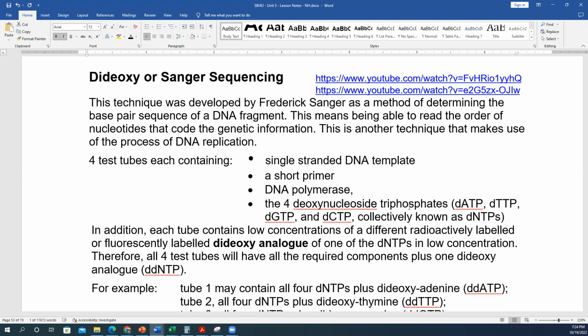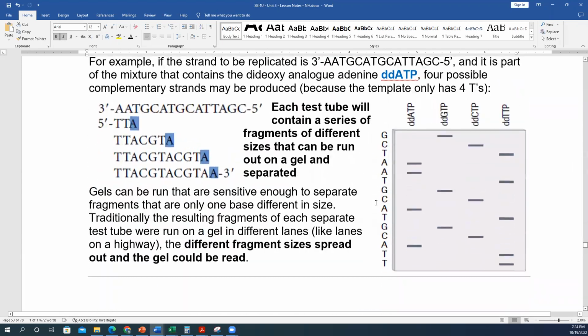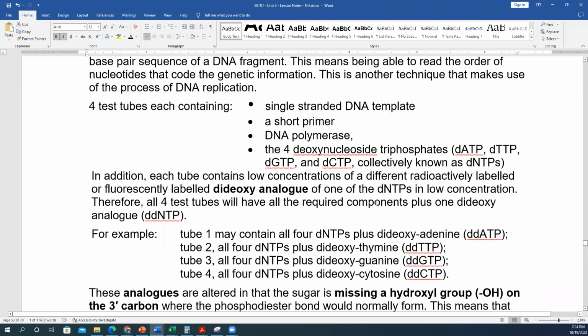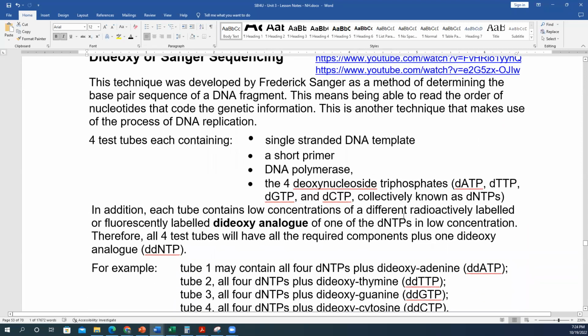And this technique of DNA sequencing also makes use of DNA replication components. So let's go ahead and look at those components. When you're setting up DNA sequencing, you set up 4 test tubes, and in all 4 of these test tubes, you will have your single-stranded DNA template.